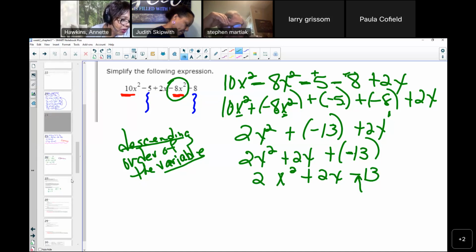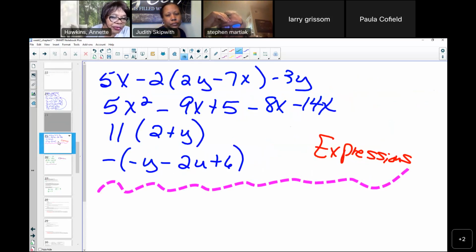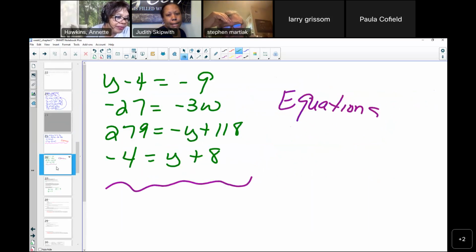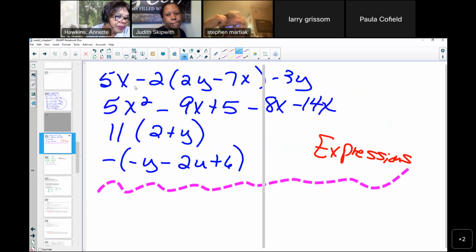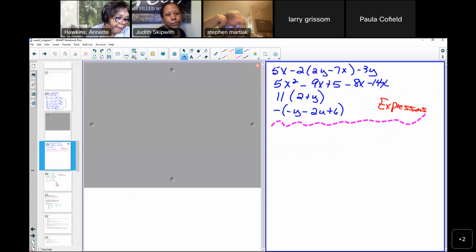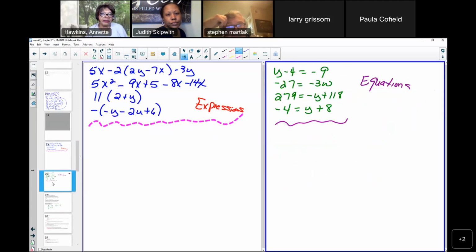Okay, so now we want to go to equations, and I want to distinguish, and there's an exercise in discussion that talks about the difference between an equation and an expression, okay? So let me do a dual screen. All right, so these are expressions.